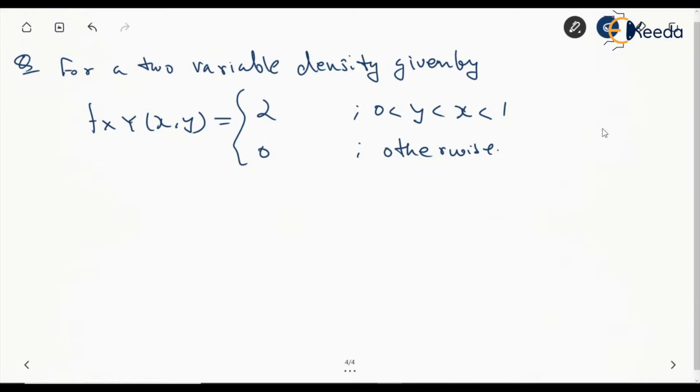So we'll find covariance and correlation.